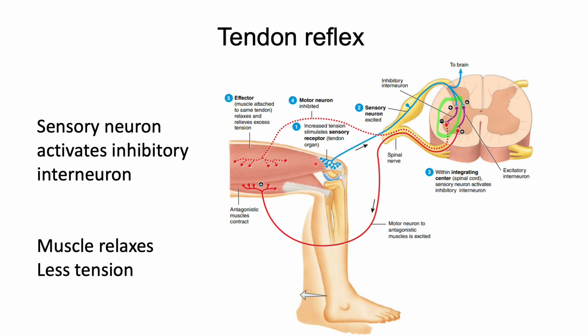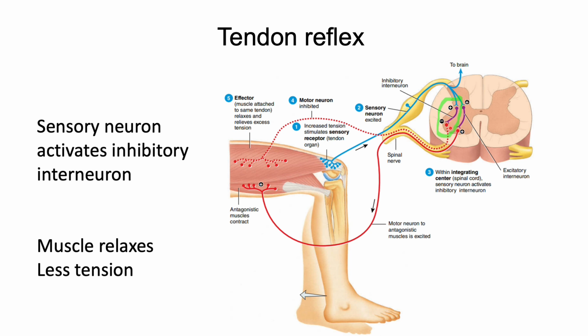Activation of the Golgi tendon organ by increasing tension, for example, will activate the sensory neurons that will go to the gray matter of the spinal cord. There, it will synapse on an interneuron in the spinal cord. That's an inhibitory interneuron.